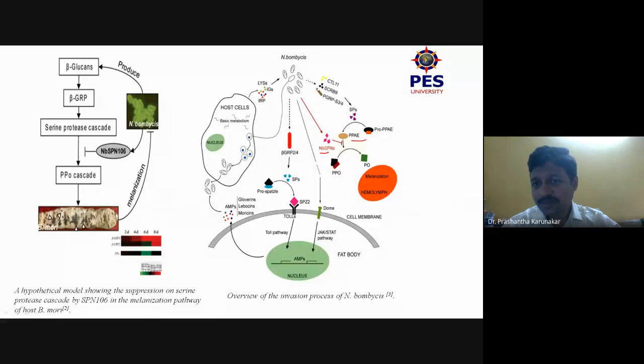But the Nosema bombycis pathogen generates this protein, Nosema bombycis serine protease inhibitor 106. This inhibitor blocks the cascade, so in other words the melanization process is blocked. Because of that, the whole immunity of the organism becomes very low, and over a period of time it will die.